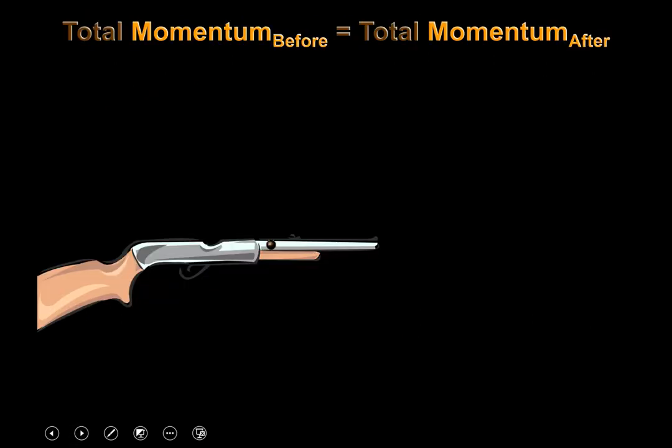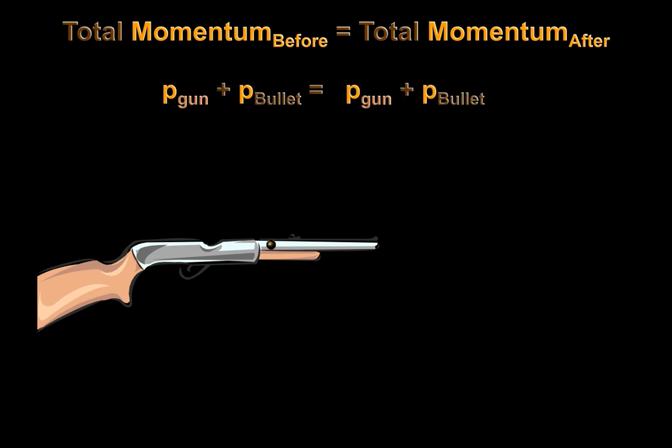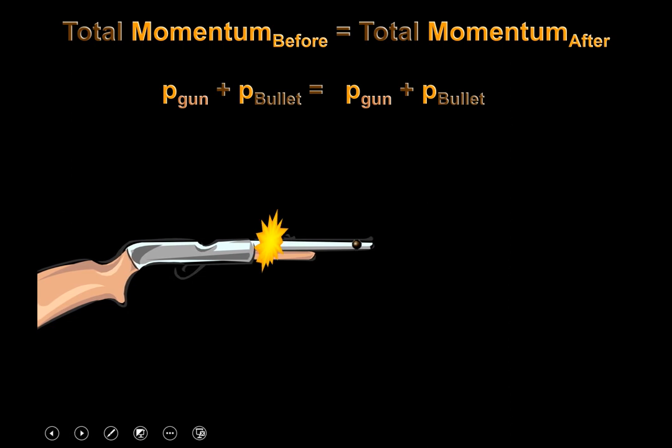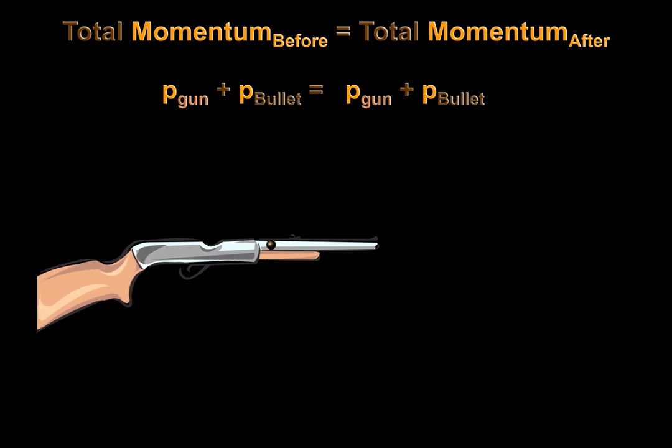So let's look at this rifle. Again, we're going to do momentum before the collision and momentum after the collision. So let's look right here. This is before the collision. How much is the gun moving right now? Hopefully you see that the velocity of the gun is 0.